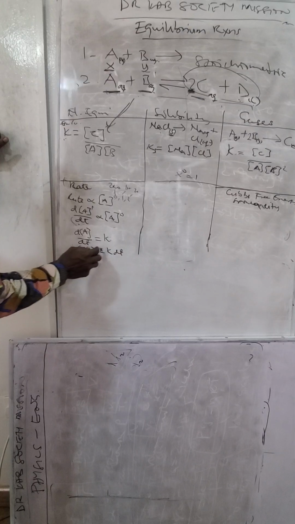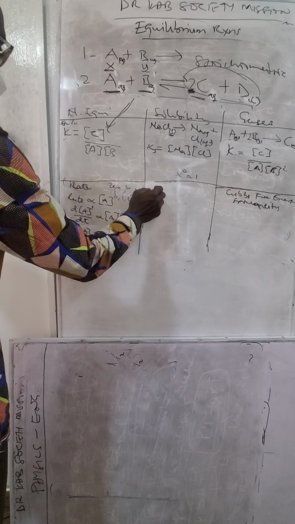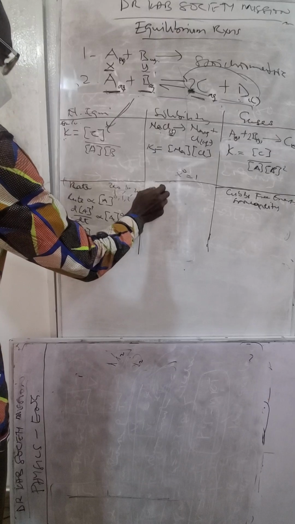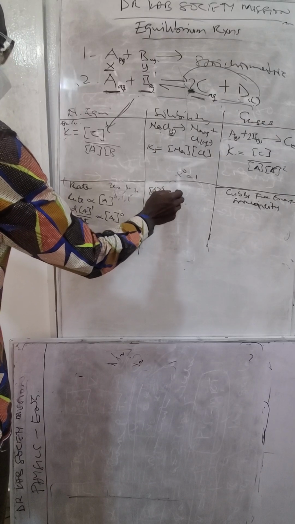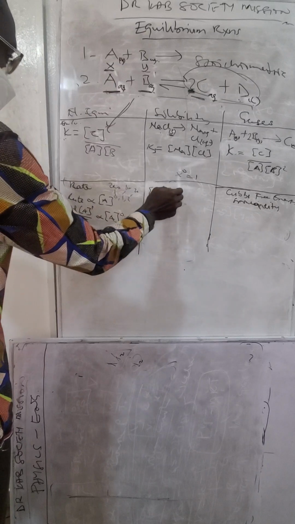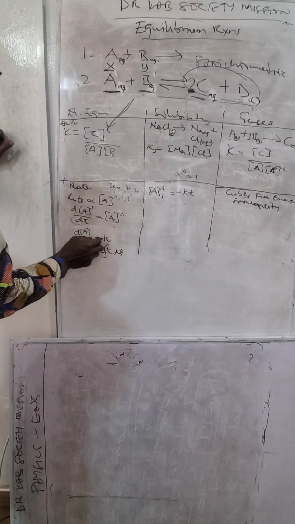We can then integrate this and integrate that. If you integrate this part, what are you going to get? A final and initial is equal to kt, which is also going to be what? Of course, we said it's consumption, so let's make it negative straight away. You can actually make it negative from this point.